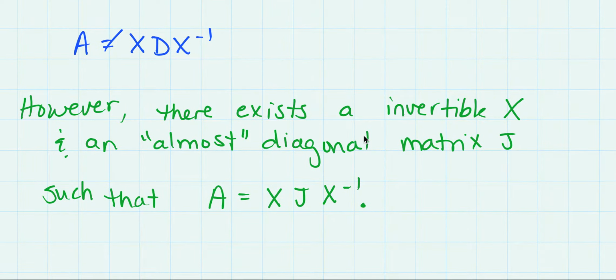And this is true for all defective matrices, and it's true for diagonalizable matrices too. The matrix J is going to be a diagonal matrix if the matrix is diagonalizable. So what do I mean by almost diagonal?